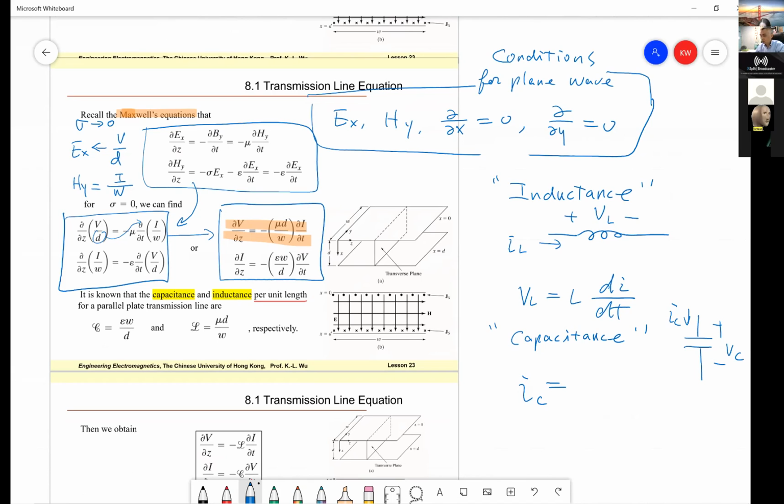Okay, goes through the capacitance, all right?